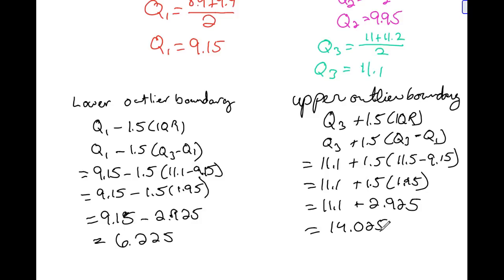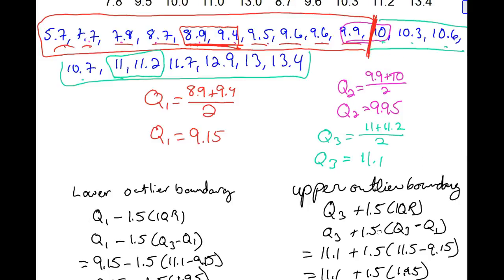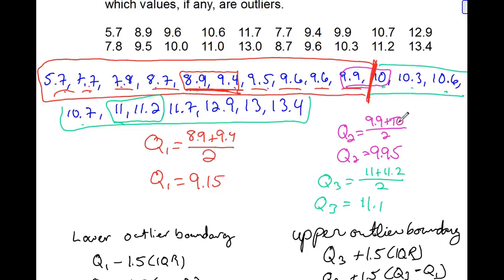6.225 and 14.025. So if I go back up to my data, 14.025 would be here. There is not a number greater than that. So I don't have to worry about any upper outliers. 6.225 is right here.